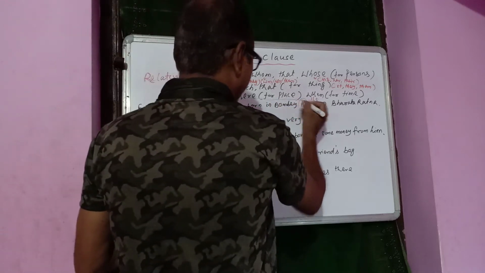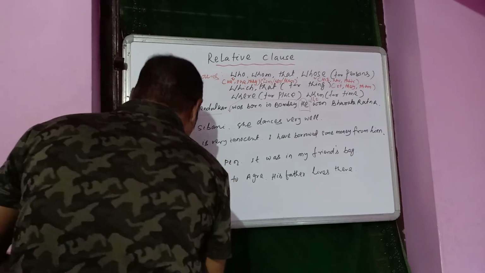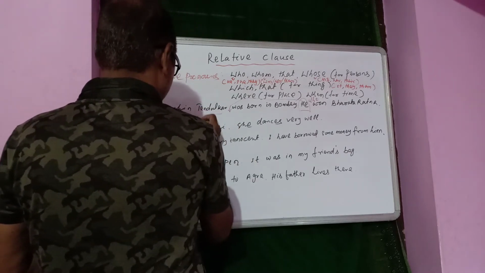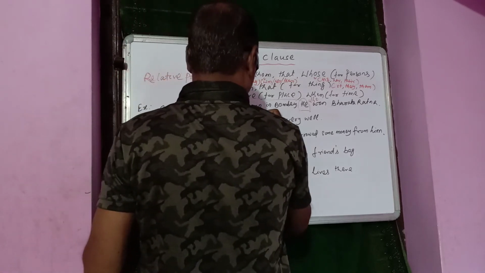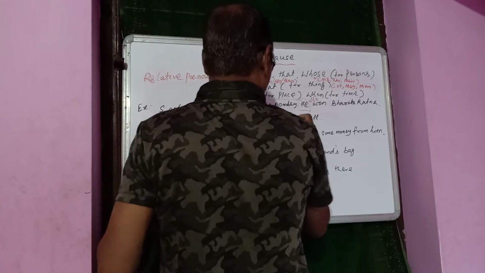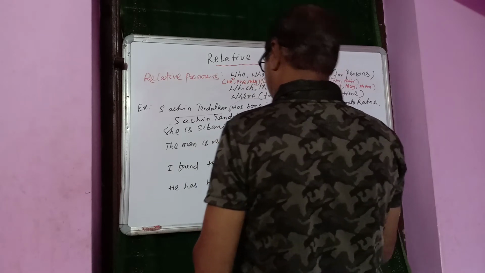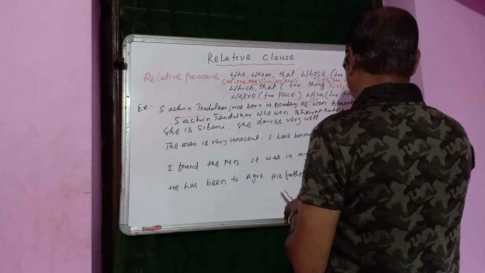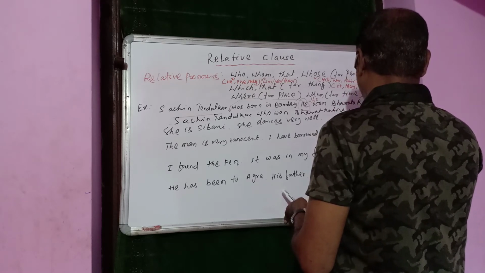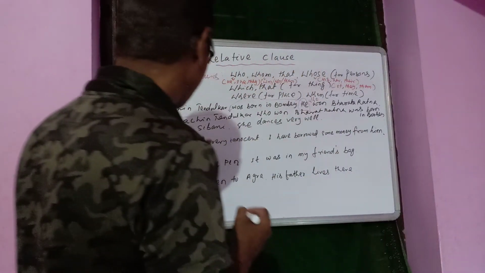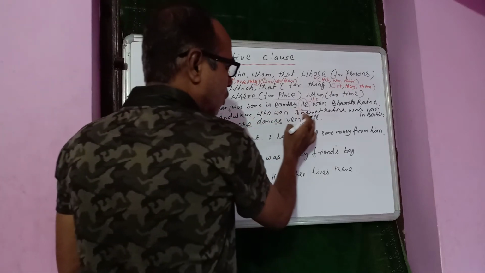We can use commas. Okay. Now we see Sachin Tendulkar. We can use commas as who won Bharat Ratna.